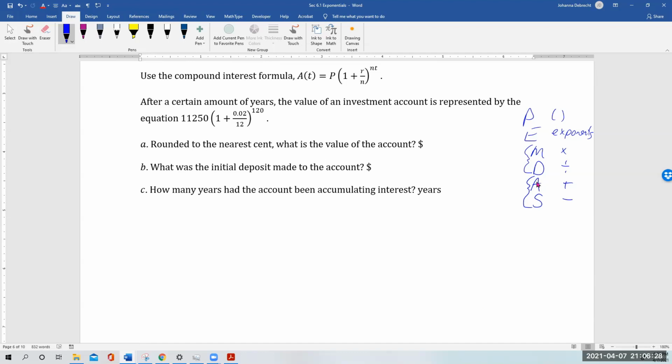Take your calculator and enter in the number 0.02 and hit divided by 12. That gives you 1 divided by 600. Take your 1 divided by 600 that you have now and add 1 to it.